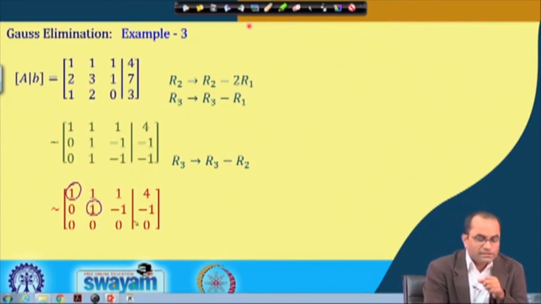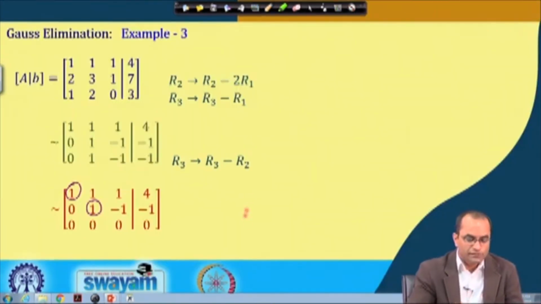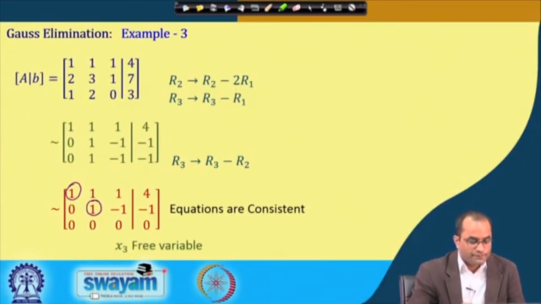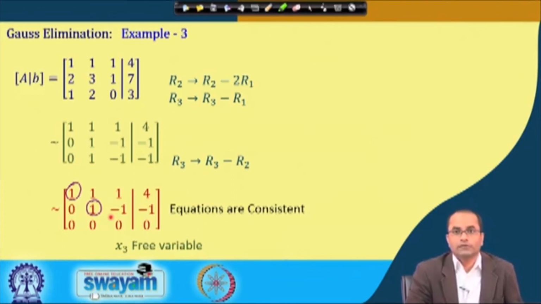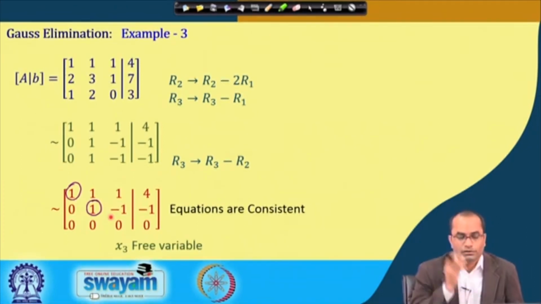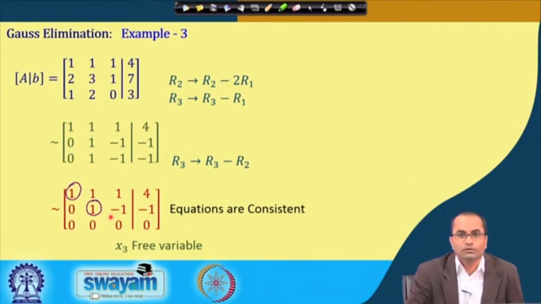Consistent means we will have solutions, and indeed in this case the equations are consistent and the number of pivots is less than the number of unknowns. We are getting only 2 pivots and there were 3 unknowns. So, this is the case where we have infinitely many solutions, because in the case of a unique solution the number of pivots will be equal to the number of unknowns.